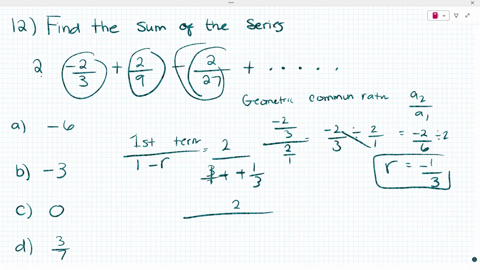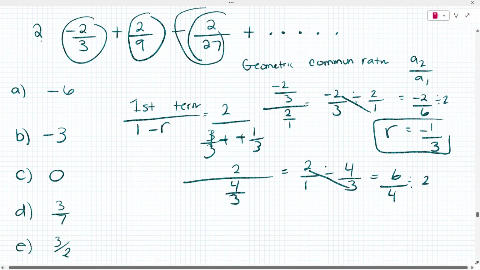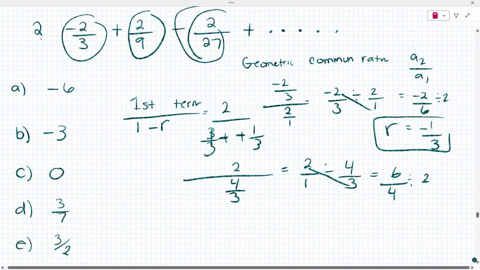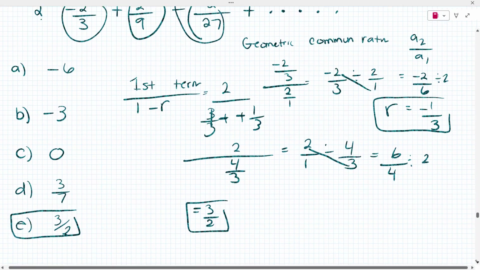I know one can be expressed as three thirds, so three plus one is four thirds. So it's two over four thirds, which gives you six over four, or three halves.